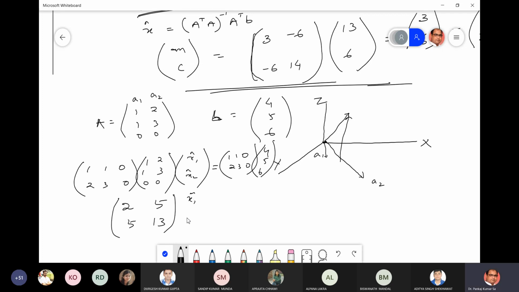For the right side, 4 plus 5 is 9, and 8 plus 15 is 23. Fine.